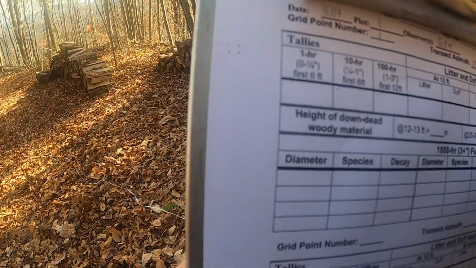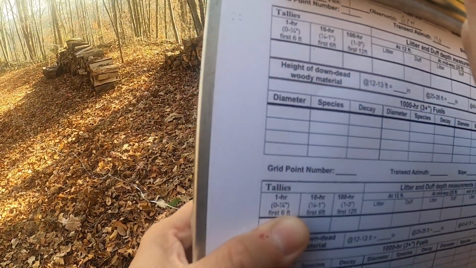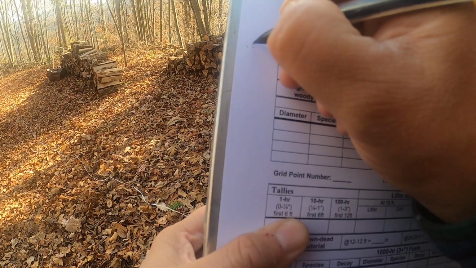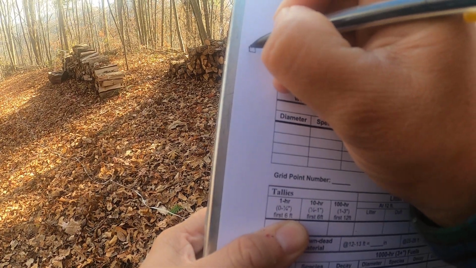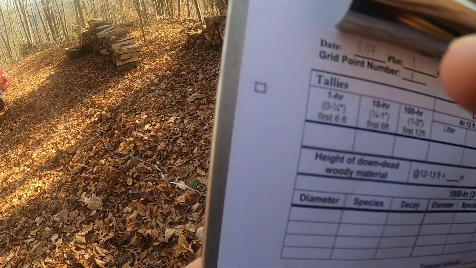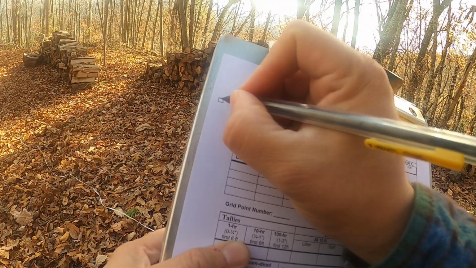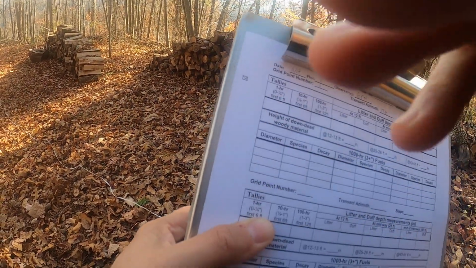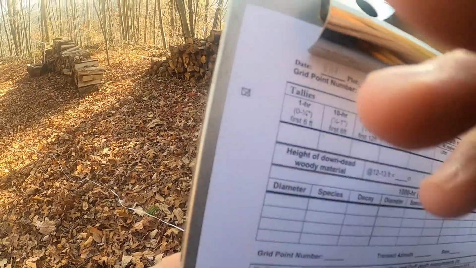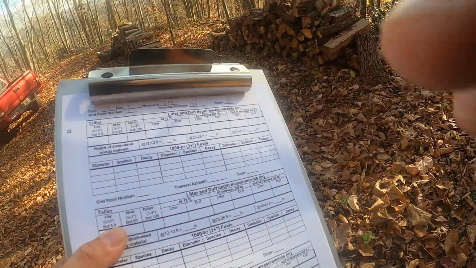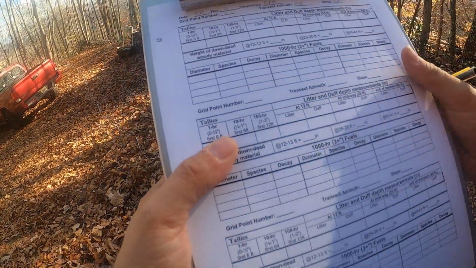So that'd be 4. And then you start connecting the dots: 5, 6, 7, 8 to make the square. So that'd be 8. For 9 and 10, you just make an X. And so that would be 10. So that's our first fuel. It is a 10-hour fuel.